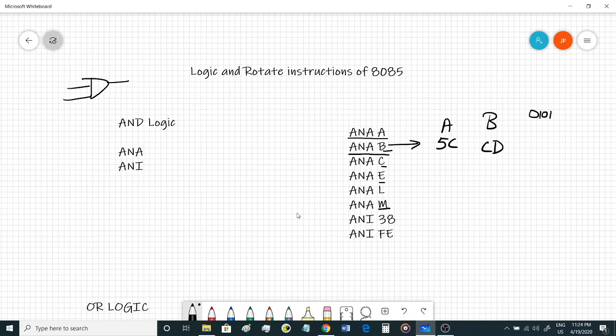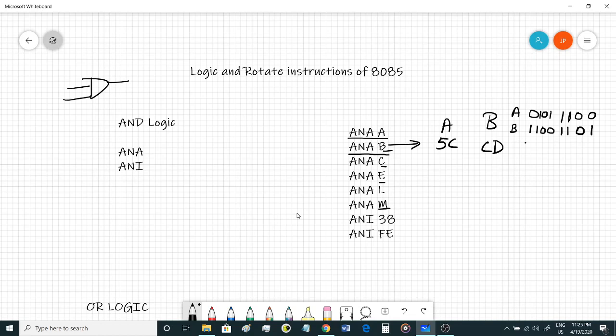C is 12, since A is 10 and B is 11. 12 is 8 plus 4, so C is 1100. Again for B you have C and D. So C is 1100, and D is C plus 1, which is 1101.